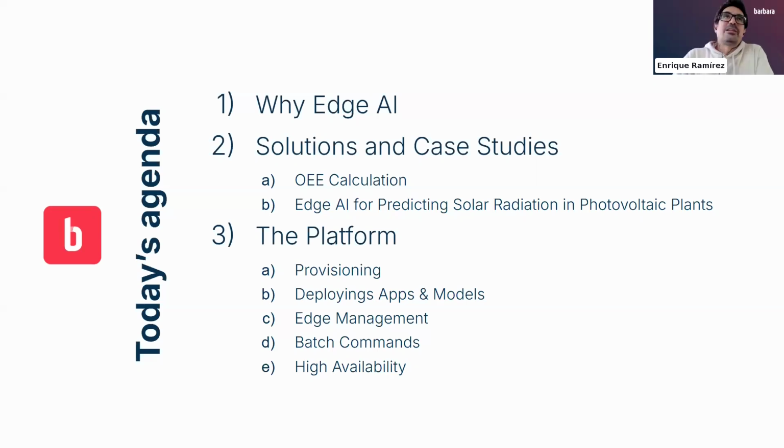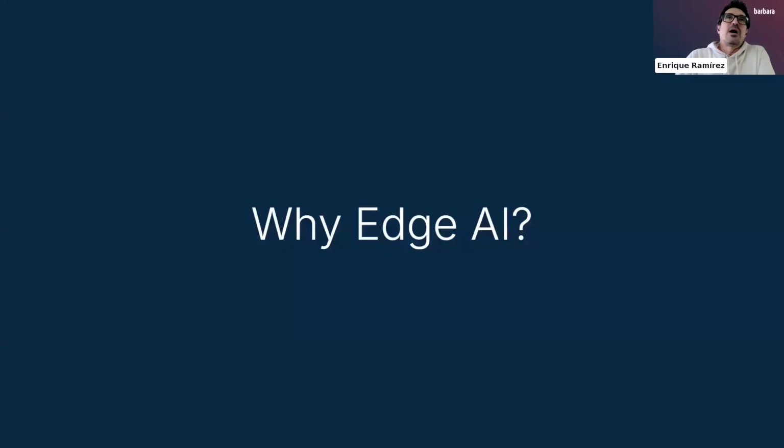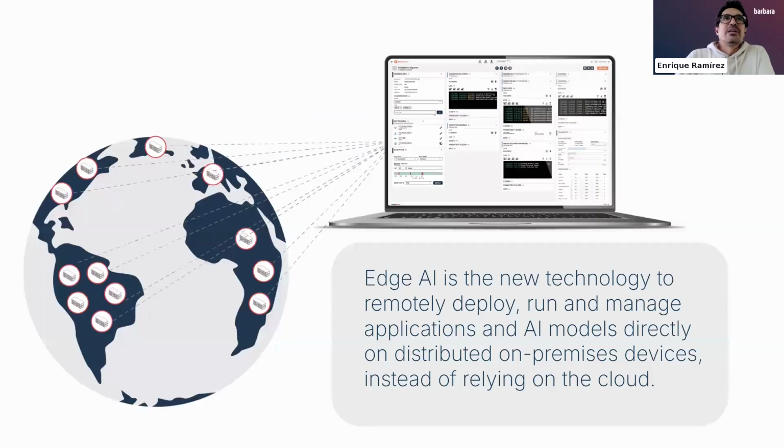So let's start directly with the first section, explaining why edge AI. Edge AI, or edge computing, is a new technology to run and manage applications and AI models directly on hardware or devices distributed on our customers' premises.